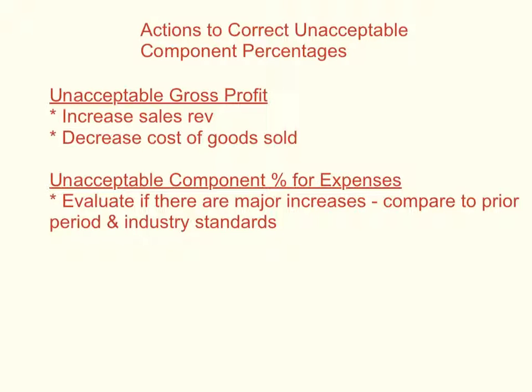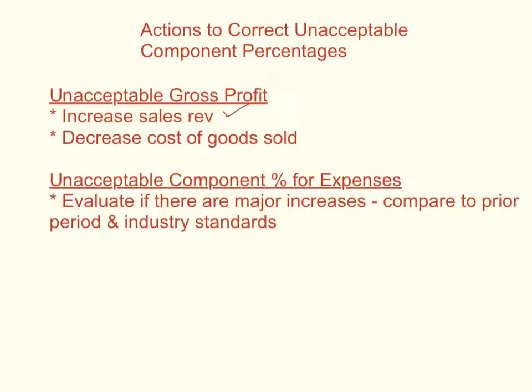So there are some actions that you can take if you do have unacceptable component percentages. If you have an unacceptable gross profit, you should increase your sales revenue. Because remember, the calculation for gross profit is sales minus your cost of goods sold.